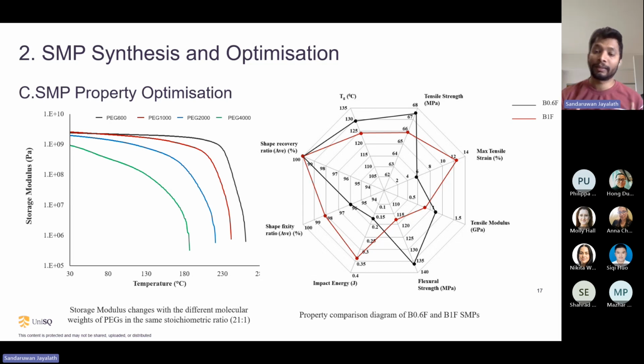But when it comes to thermomechanical stability at higher temperature, the polyethylene glycol 600 ratios we chose performed well. So we went forward with polyethylene glycol 600 as the modifier for our shape memory polymer for the next steps.